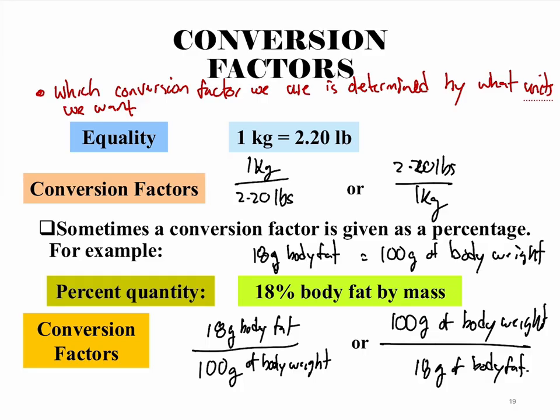So you could get a percent quantity, make a conversion equality, and from there you get two conversion factors. Which one you use depends on what units you want to end up with and what you're trying to solve for. Does that answer your question when you say a formula equation?